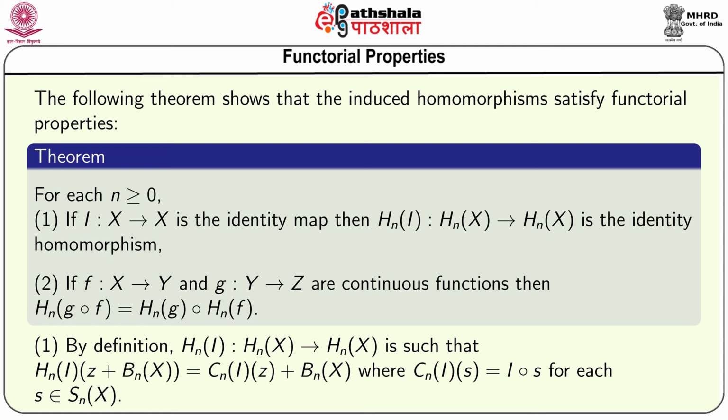Let us prove this theorem. We start with number 1. The definition of Hn(I) says that Hn(I) operating on z plus Bn(x) is equal to Cn(I)(z) plus Bn(x), where Cn(I)(s) is equal to I composed s for every s belonging to Sn(x).